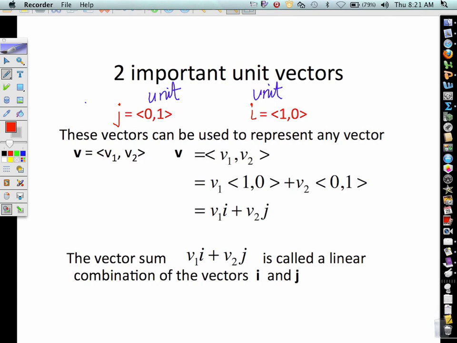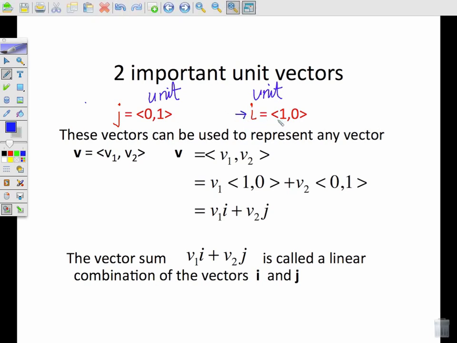I had a typo here, so I just try to adjust some things. Vector i is the unit vector (1, 0). So you can see the magnitude of it would be 1. And the unit vector (0, 1) is j. That's this vector right here. You can see that they're just 1 unit in length.